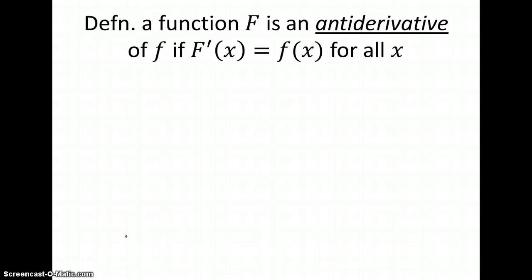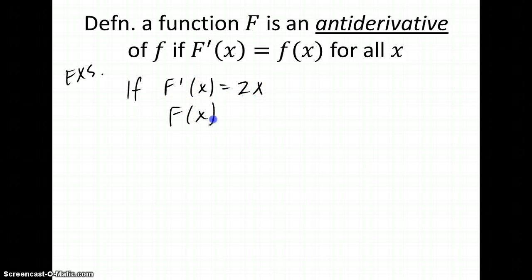A function capital F is an antiderivative of lowercase f if F prime of x is equal to f of x for all x. So if the derivative of a function is 2x, what function gives me a derivative of 2x? x squared.